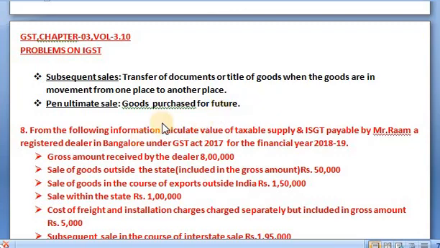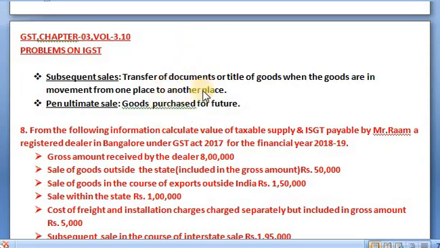So those types of sale we also call a penultimate sale. Say the goods worth will be 1 lakh or 10,000, that will be purchased today for the future purpose. So that will not be considered for today's supply. Clear? So penultimate sale and subsequent sale, when it comes, you have to be very clear.